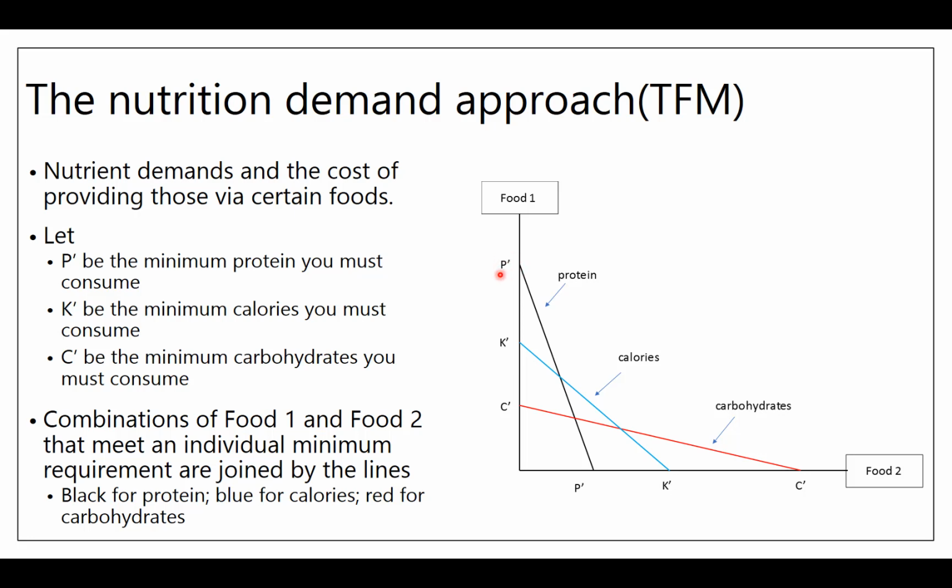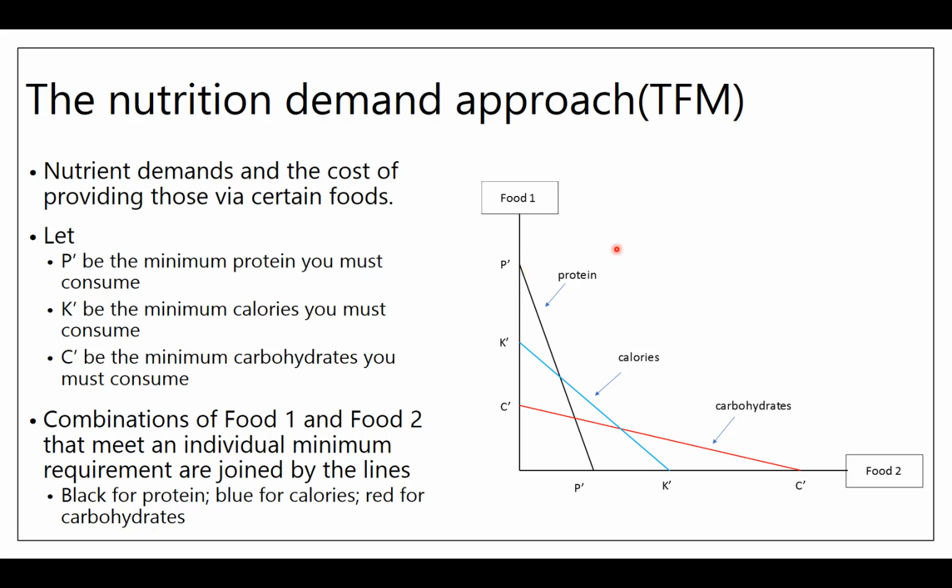If you connect those, you get a line where any combination of food 1 and food 2 described by this line will exactly meet the protein target.